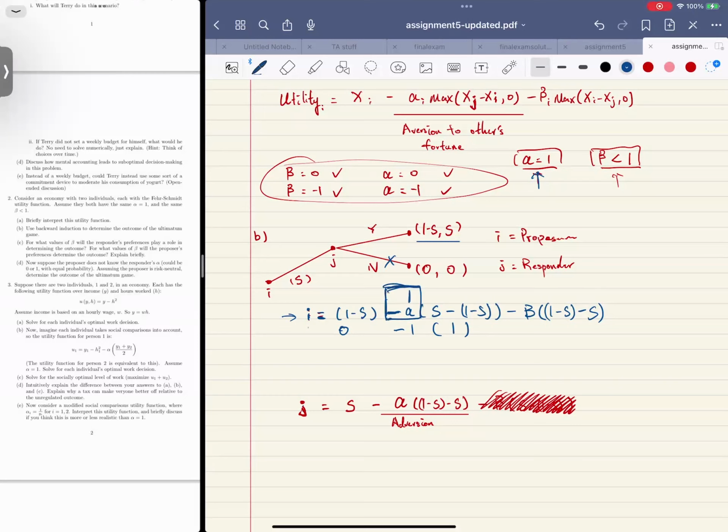Alpha describes aversion to others' fortune. So every magnitude between I and J, if J is higher than me, I'm going to feel the pain. For example, if I have 0.4, then the difference between 0.4 and 0.6 is 0.2. Any amount more than half, I'll have this utility.